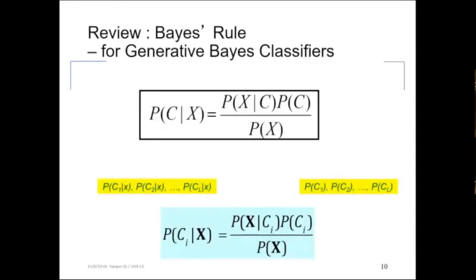If you look at this, I want to estimate this, and that means I need to estimate this and also this, assuming those are easier to calculate from data. The only thing is, if I want a precise P(C|X), I also need P(X) in the denominator.